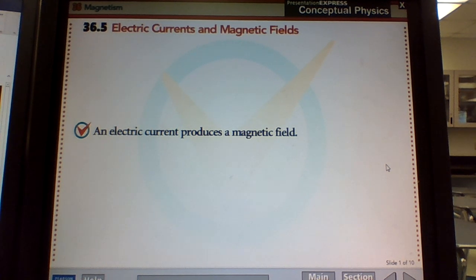When we have a wire that has an electric current passing through it, what we see is around that electric current, a magnetic field is generated. And again, this begins to show that interrelationship between magnets and electricity. They were once thought to be completely separate things, but definitely have some things that go on that are the same.